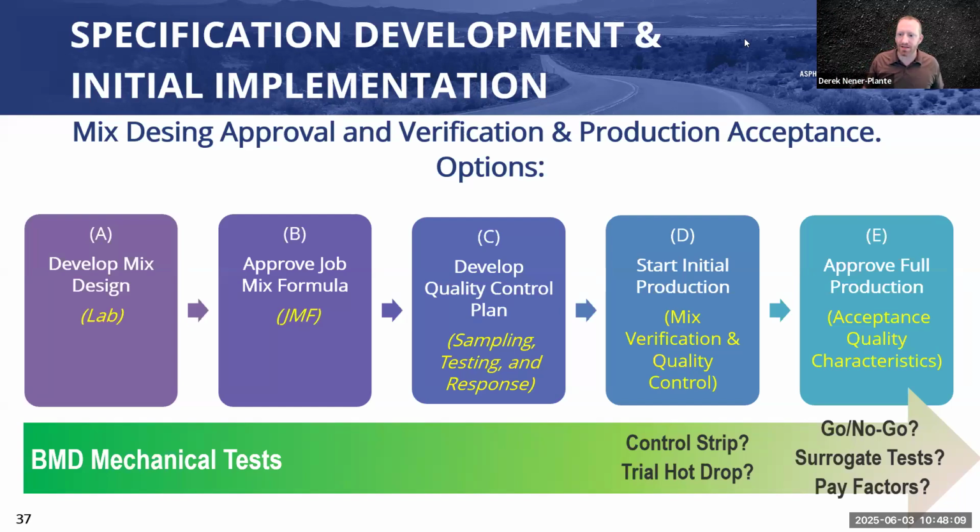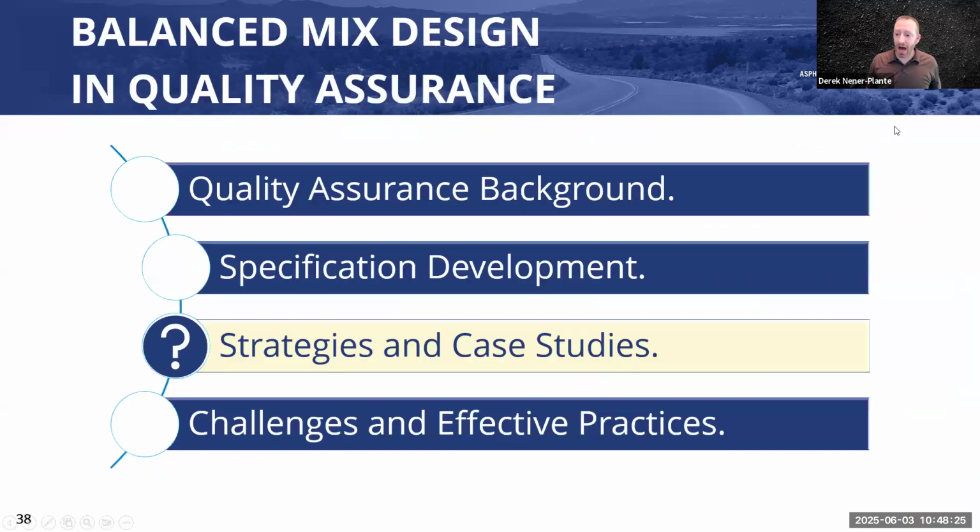Maybe there's surrogate testing that could be related to it. And then finally, bringing it down to pay factors. But what we try to illustrate with this slide is there are many ways to incorporate it into production. It doesn't necessarily have to jump right to payment right away. And so with that, I'm going to give it back to Tim to give some examples from other agencies and what they've done so far to show the variety and choices out there.